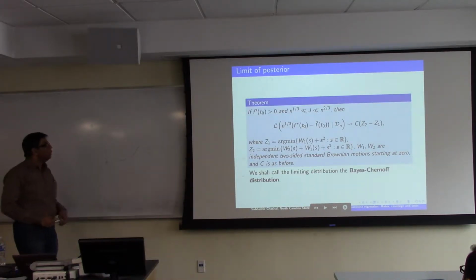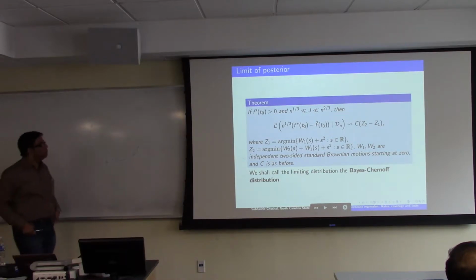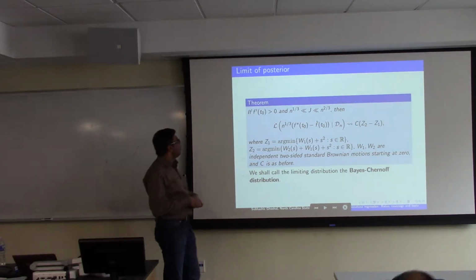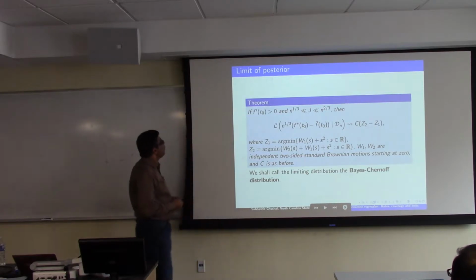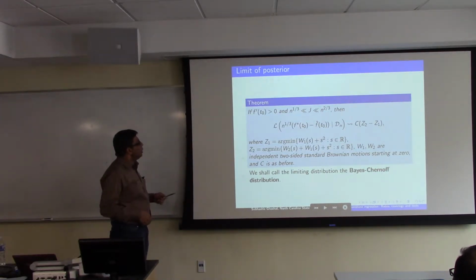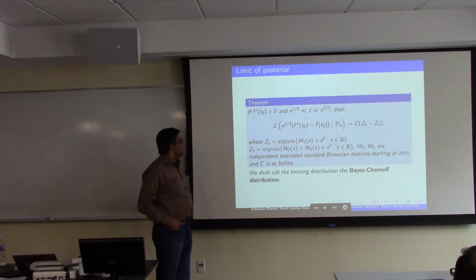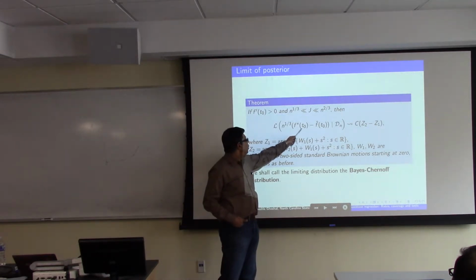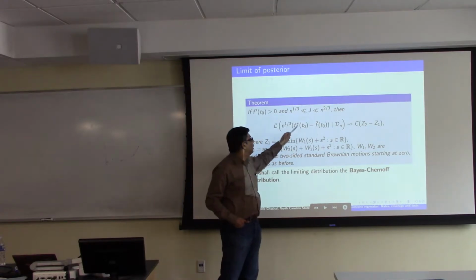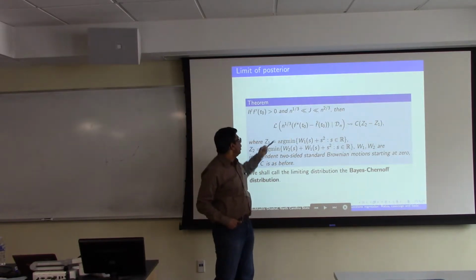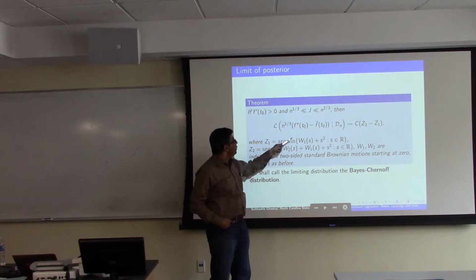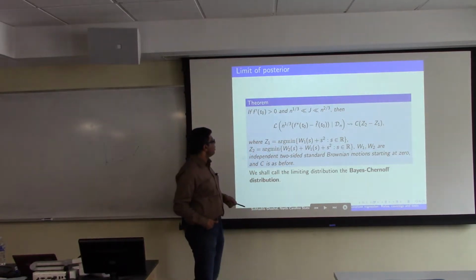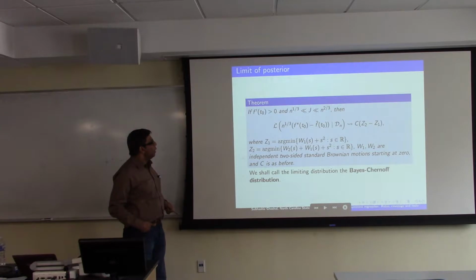So now the main theorem we can write in this way: if this is unique, the function needs to be strictly increasing at T0. If J is between n to the power 1/3 and n to the power 2/3, then the projection posterior distribution of F(T0), centered at the sieve MLE and scaled by n to the power 1/3, given the data, converges to this distribution.